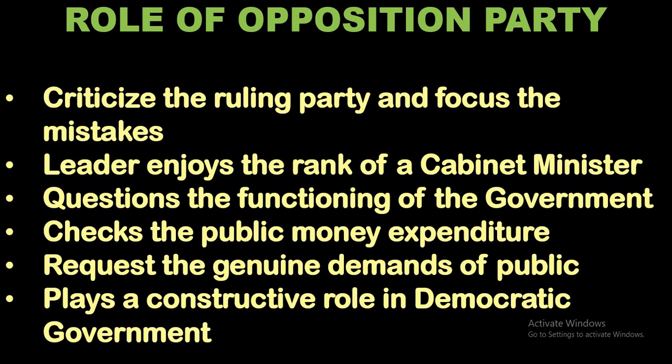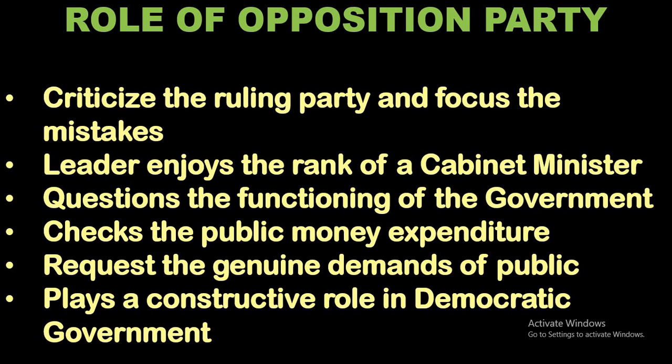They criticize the ruling party and focus on its mistakes. Through this criticism and the mistakes that the opposition party points out, the ruling party will be able to correct itself. The opposition party also questions the functioning of the government. The government has to work in favor of the public.